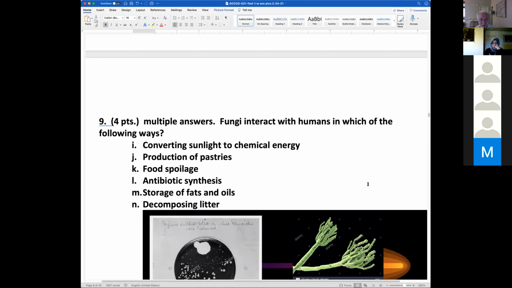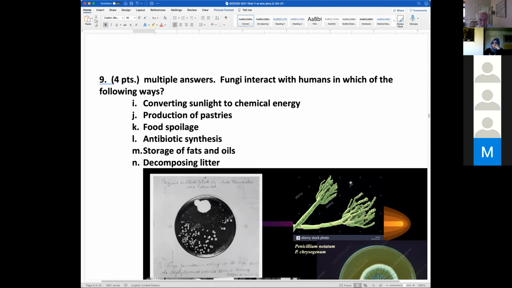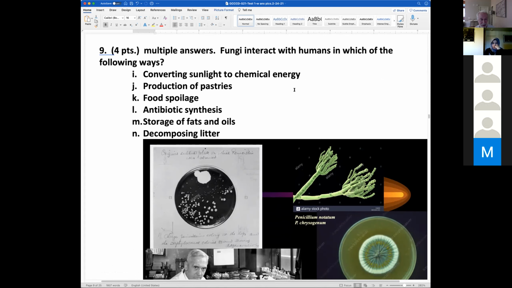Okay, fungi interact with humans in which of the following ways? Converting sunlight to chemical energy, production of pastries, yes or no? No. Answer is no. Don Edwards said that.